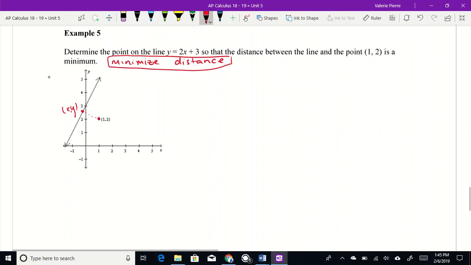So for minimizing distance, my first equation has to be about distance. And if you remember from pre-calculus or from geometry, the distance equation is the square root of (x1 minus x2) squared plus (y1 minus y2) squared.